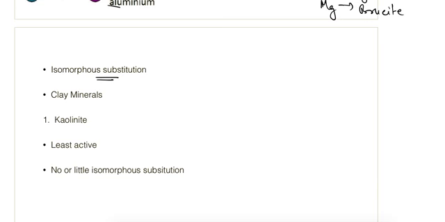The first is kaolinite. It is a 1:1 mineral, which means that one silica sheet is connected to one gibbsite sheet, and similarly below this one more sheet will come.